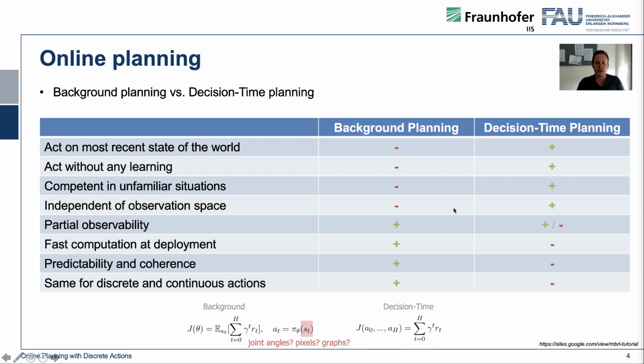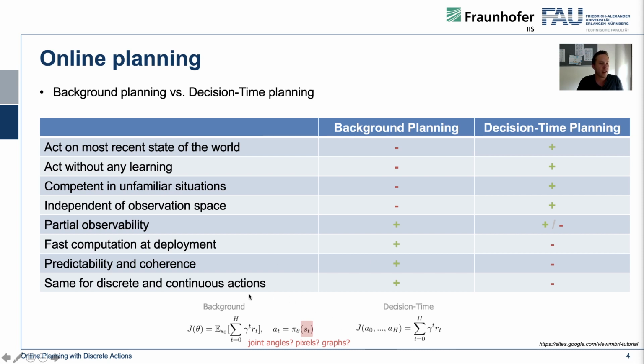Dependence on the observation space. As we have seen in previous lectures, in background planning you usually need an encoding or a description of the state space in order to come up with a good policy or value function. And it's often not very easy to come up with a well-defined representation of it.